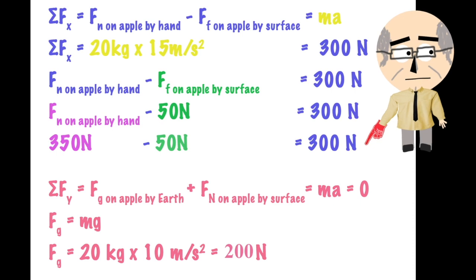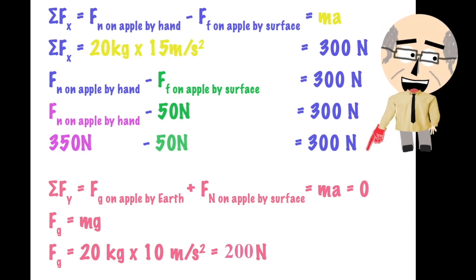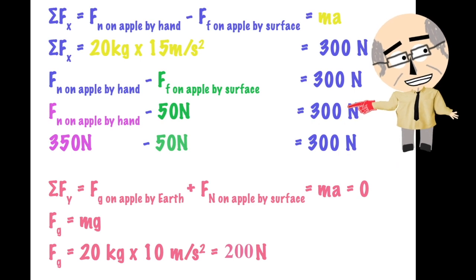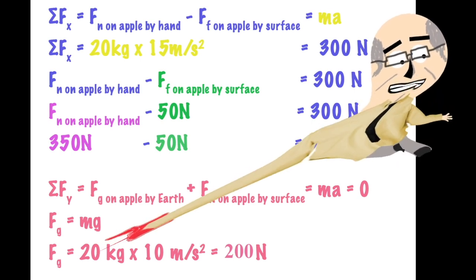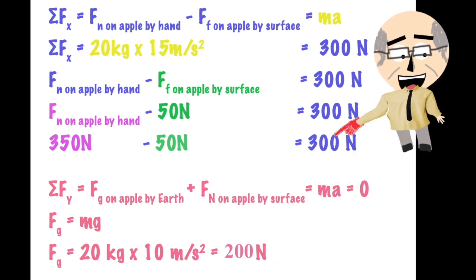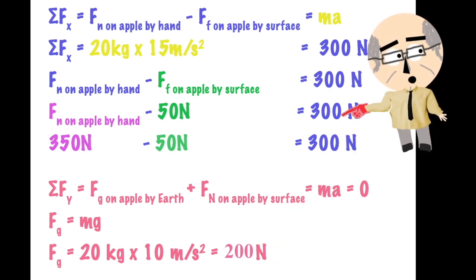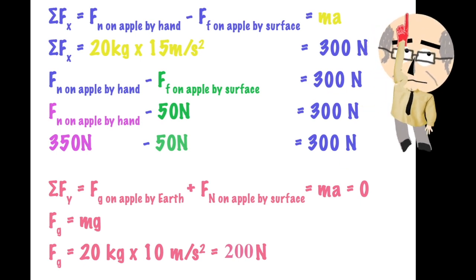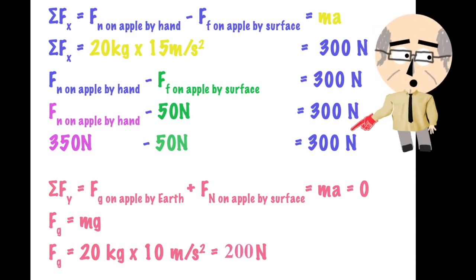Now, we know that on Earth the gravitational acceleration is 10 meters per second squared, and the mass of the object is still 20 kilograms, and therefore Fg equals 200 newtons. From this, we can also figure out Fn on apple by surface, which is 200 newtons since it's at a constant speed, and we also know both Fn and Ff.